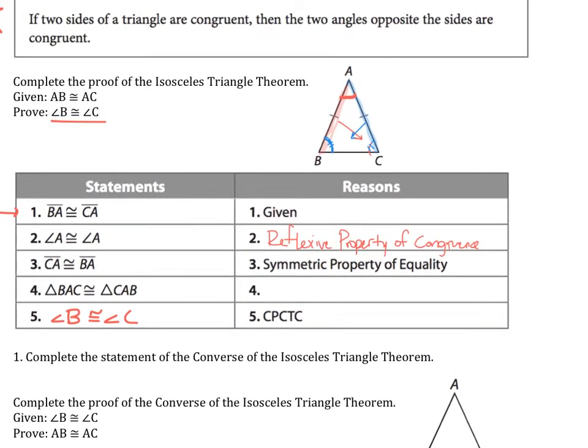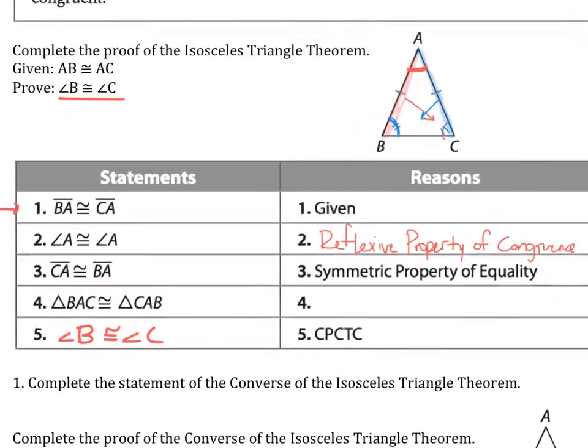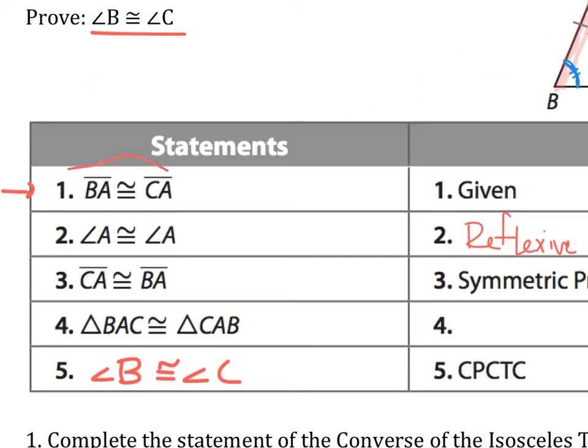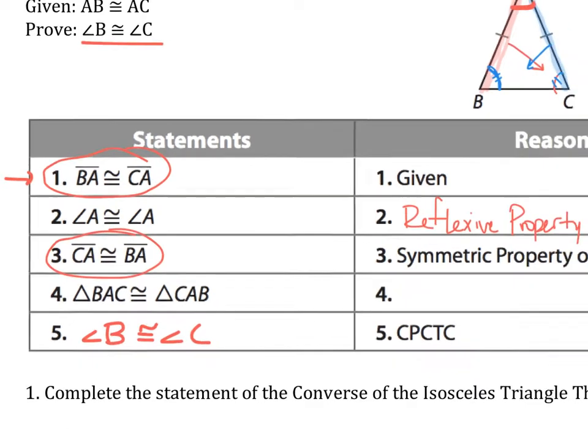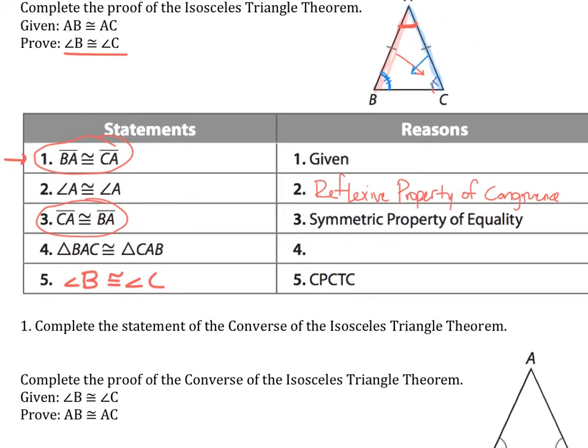And then CA is congruent to BA. That's the symmetric property of equality. So it's just taking this first statement and saying, okay, if BA equals CA, then CA has to equal BA. Pretty straightforward, right? You can just rewrite it with it on the other side. That's called the symmetric property.